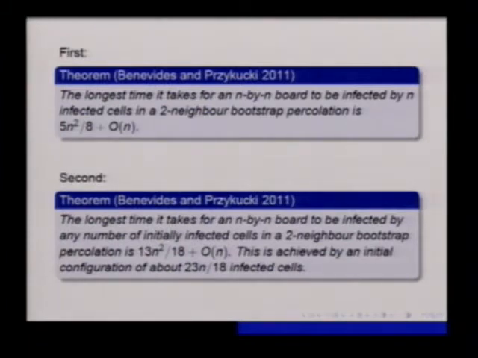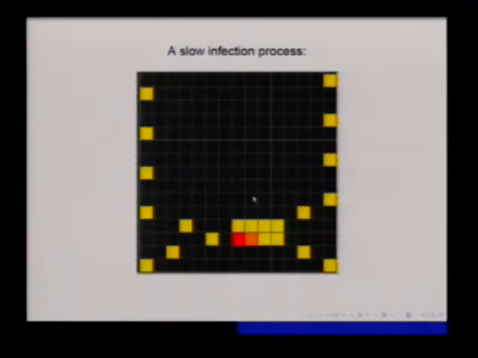And the second is similar, but I think even a little bit tougher. And here the answer is 13n² over 18. Okay, and here is a slow infection process, provided we can start it.